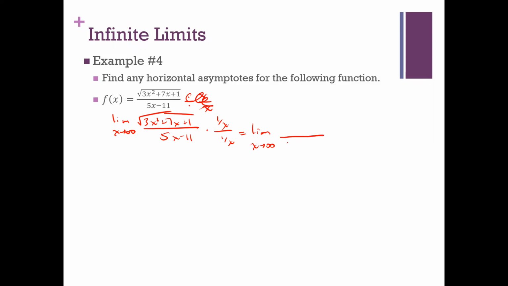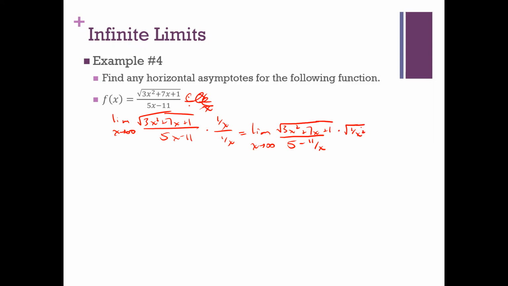The denominator is going to become 5 minus 11 over x. With the numerator, it's probably not as clear. So I'm going to write something down and we can talk about whether or not you believe me. I'm just going to recreate the numerator as is, and multiply it by the square root of 1 over x squared.